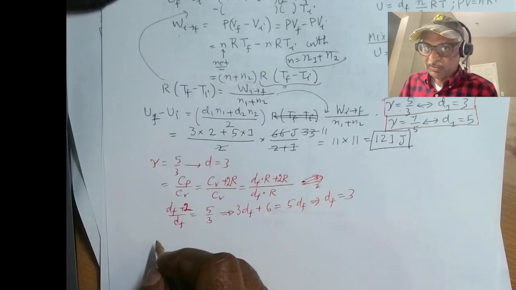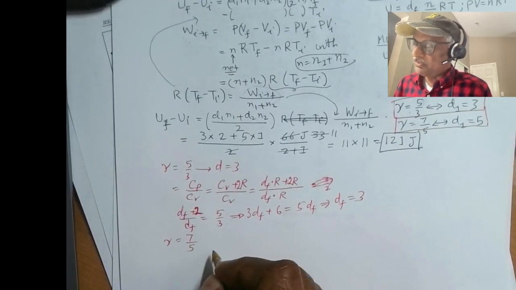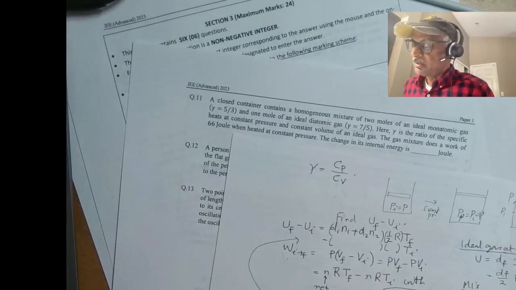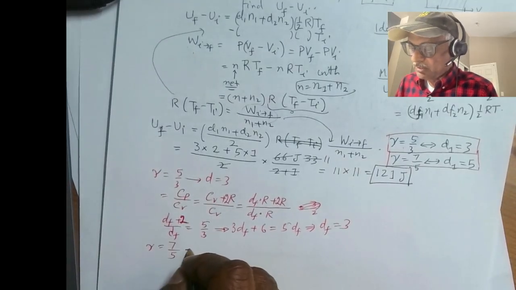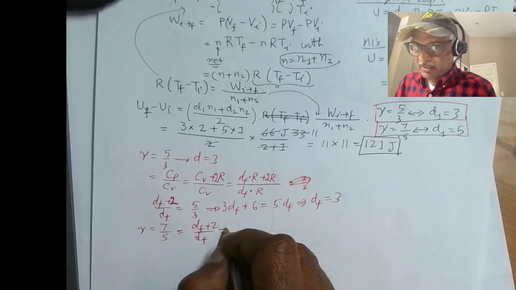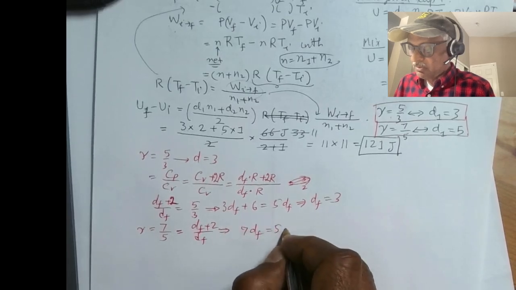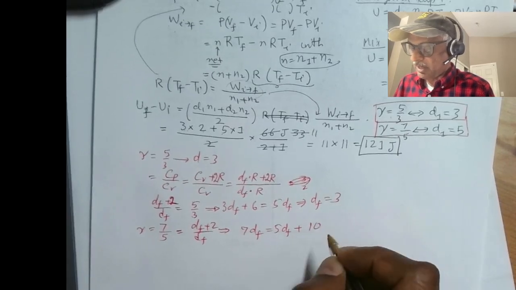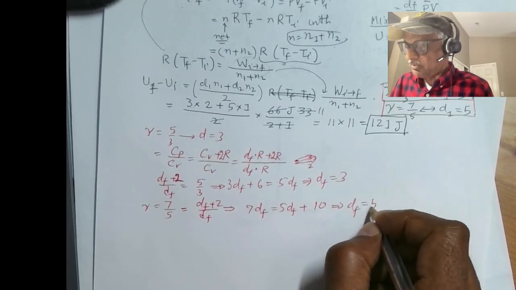So when gamma equals 7/5, yeah, 7/5, then this will be equal to dF plus 2 over dF, and that just will give me 7dF equals 5dF plus 10, so dF equals 5.